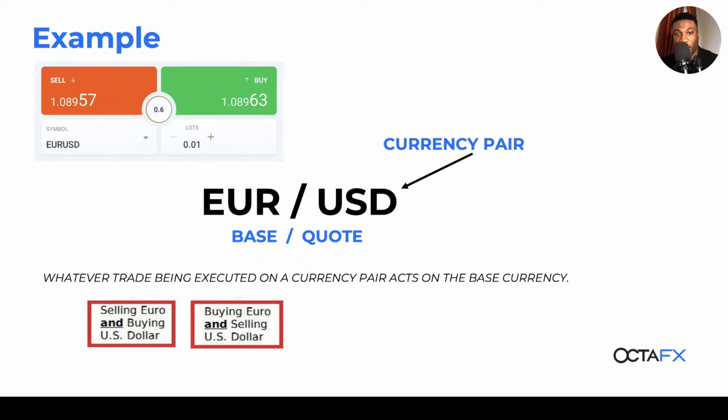If I decide to place a buy trade on the currency pair Euro USD, what am I doing? I am buying Euro to sell the US dollar. So whatever trade is being executed, buy or sell, you're acting on the base currency. You're buying Euro to sell USD, or selling Euro to buy USD, right?